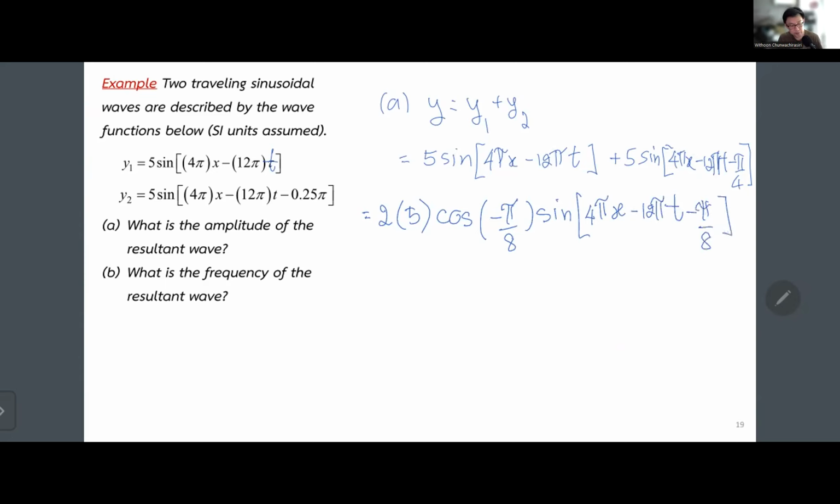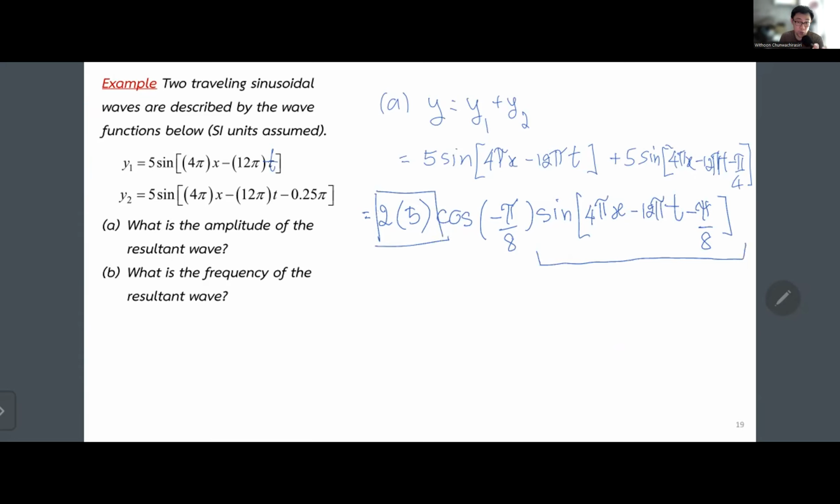And that's it. If part A is asking you what is the final amplitude, of course the final amplitude will be whatever, wait for it, whatever comes in front of the sinusoidal function in your wave, correct? With me? And now look at the wave that you have at the end.